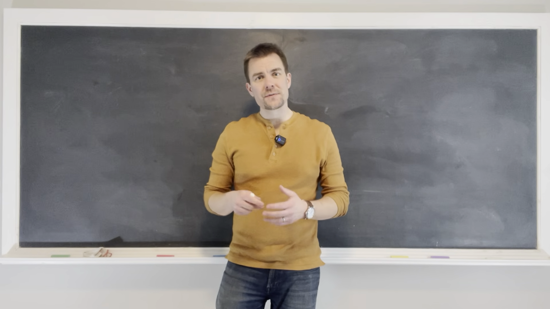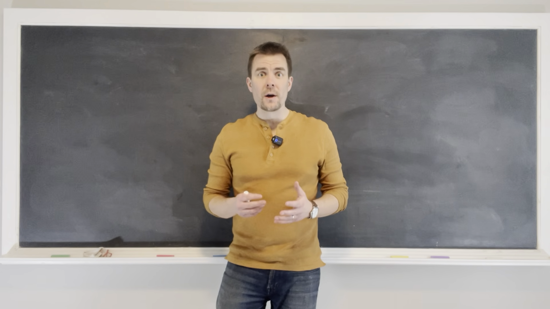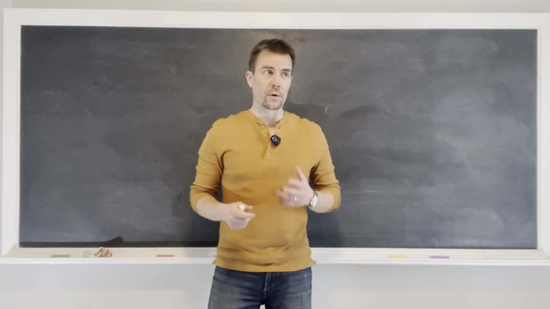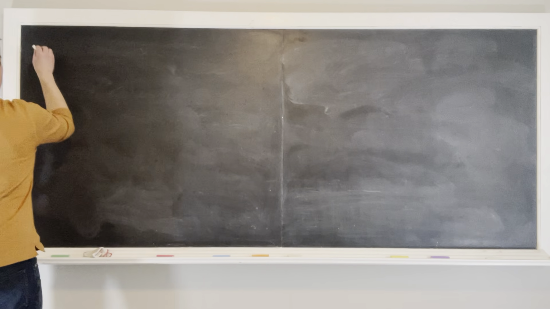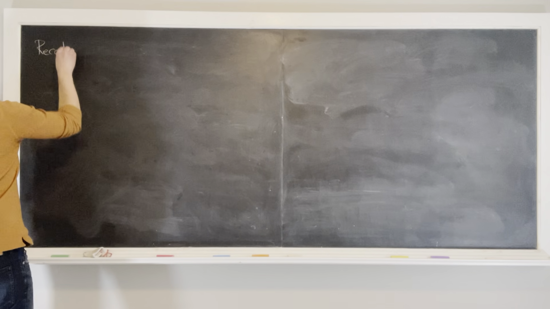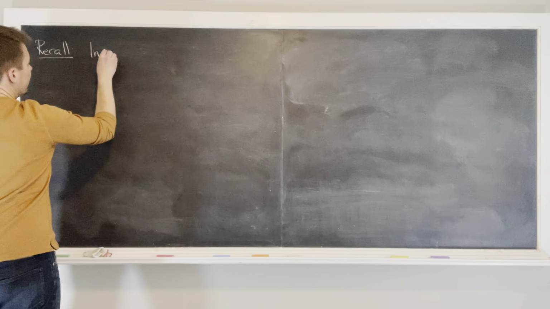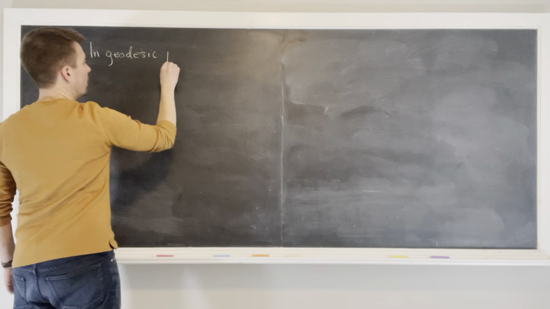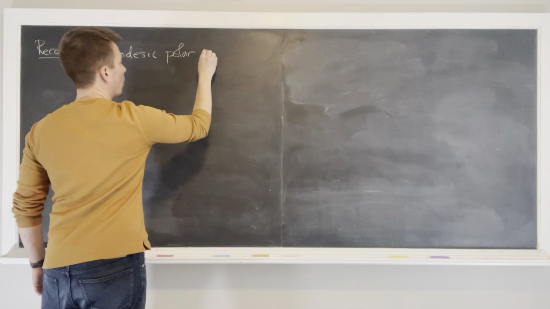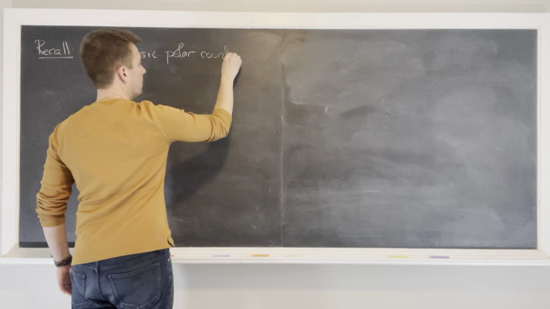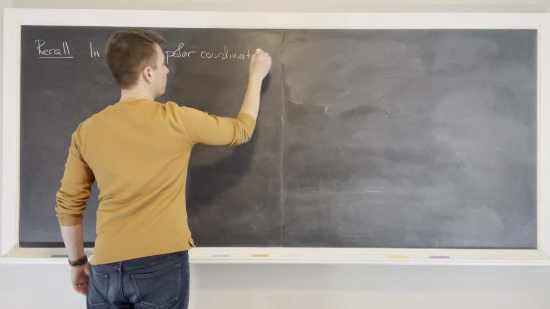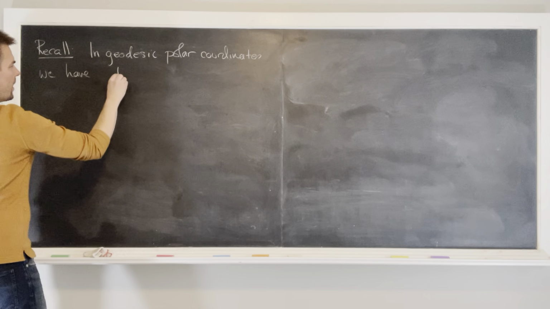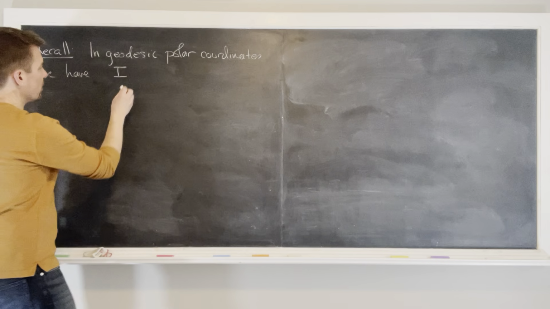Hello students, in this video we'll discuss the first fundamental form of a surface whose coordinate patch is in geodesic polar coordinates. Let's recall, in geodesic polar coordinates, we have a first fundamental form that looks like this.